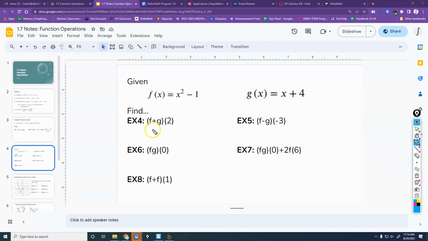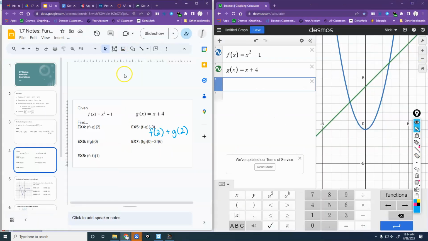This just means f of 2 plus g of 2. Okay, and so if we're going to type this into Desmos, we would have to type it in that way. Now, it can be done by hand just like I did the last problem, but for those of you that really love a good shortcut, f of 2 plus g of 2. Your answer is 9.